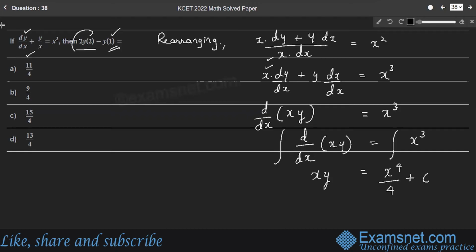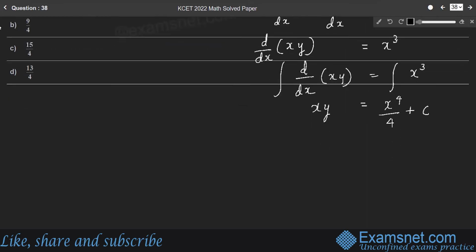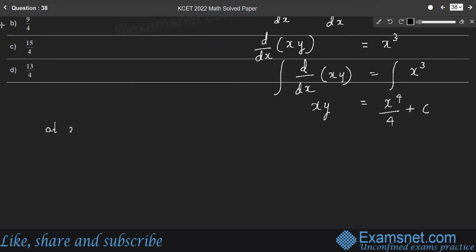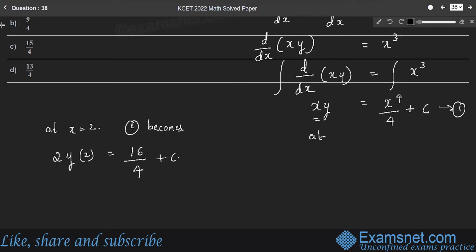Here the question is 2y when x is 2. So at x is equal to 2, equation 1 becomes, substituting the value of x as 2, 2y at x is 2 is equal to 2 raised to 4, which is 16 by 4, plus a constant. At x is equal to 1, equation 1 becomes 1 into y, which is y at x is equal to 1, is equal to 1 by 4 plus c.